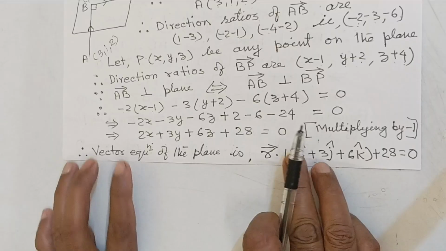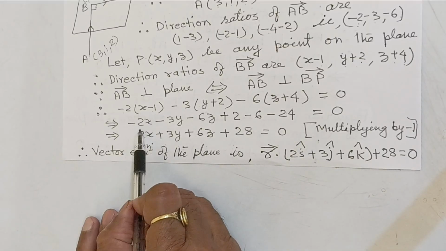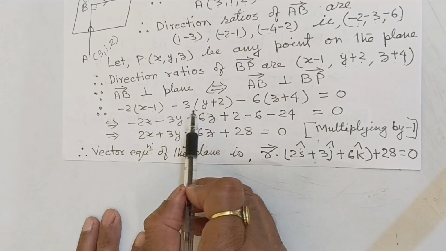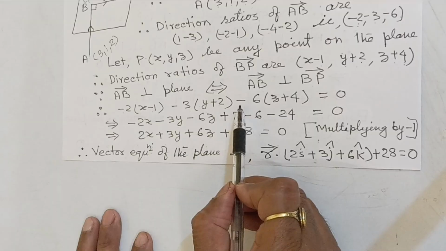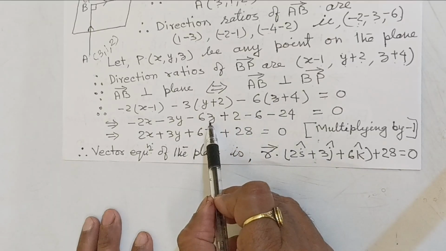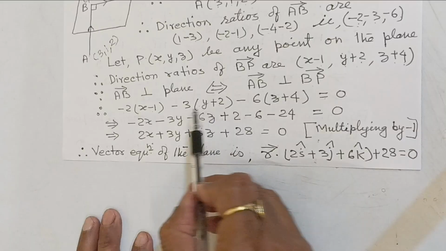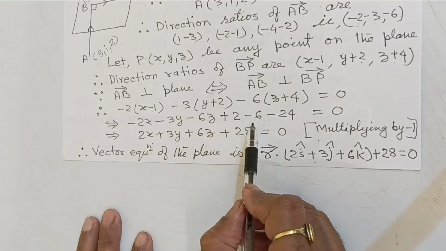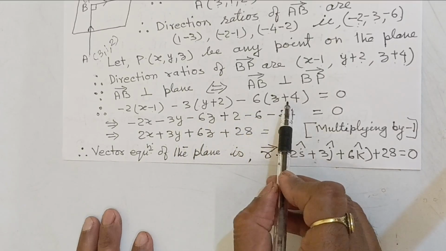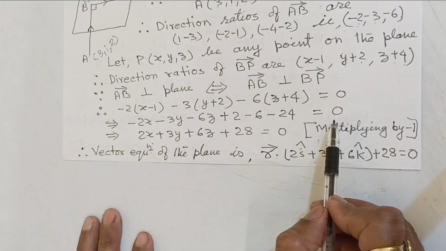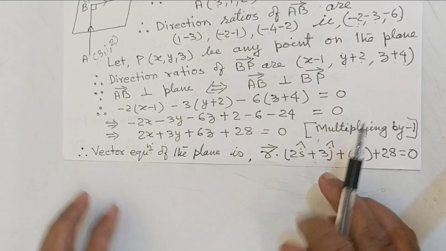Solving it, we get minus 2x, minus 3y, minus 6z, plus 2, minus 6, minus 24, is equal to 0.